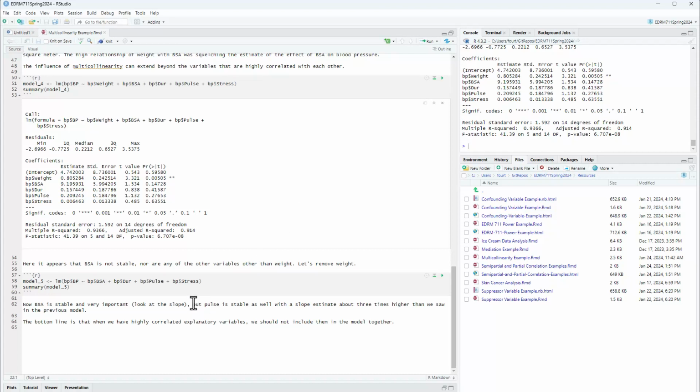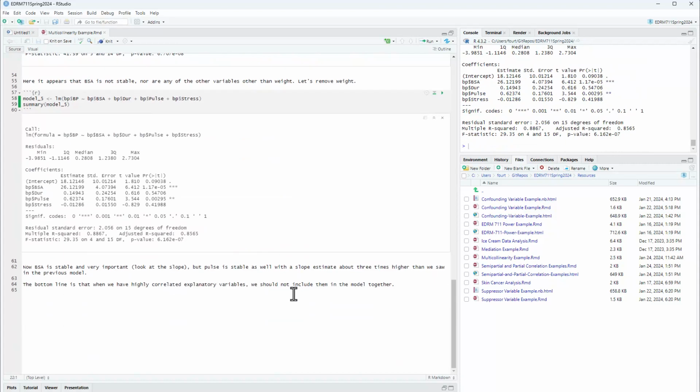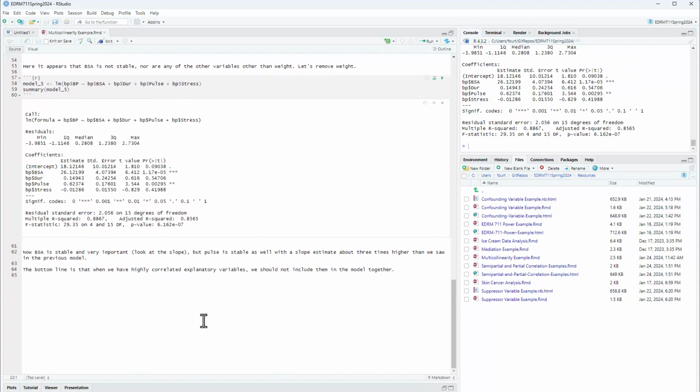Let's remove weight from the model and see what happens. When we remove weight from the model, all of a sudden, not only is BSA important and stable and goes up to 26, but also pulse becomes stable. Pulse has a 0.62 millimeters of mercury for every beat per minute.